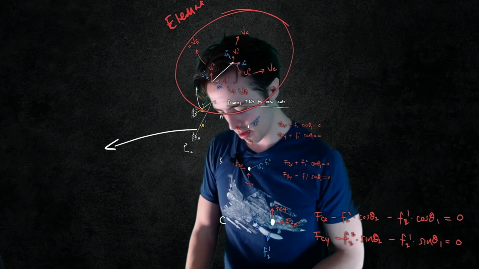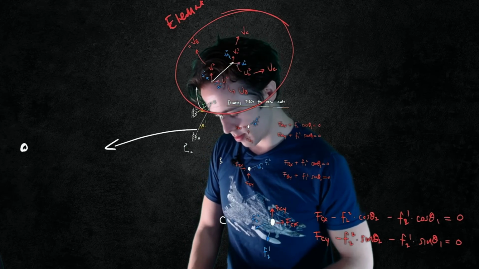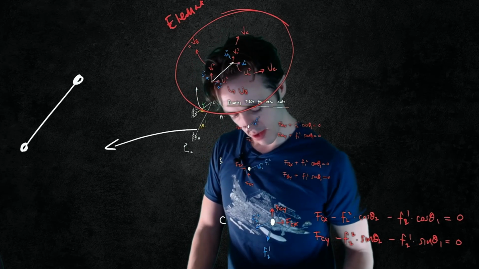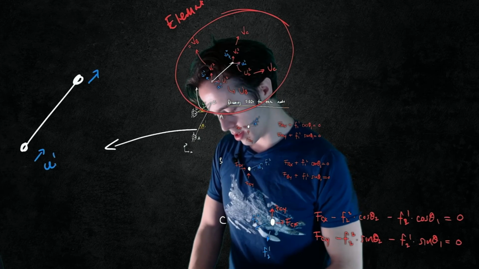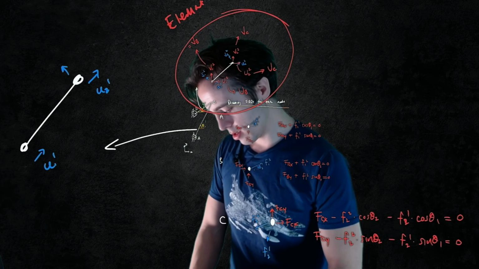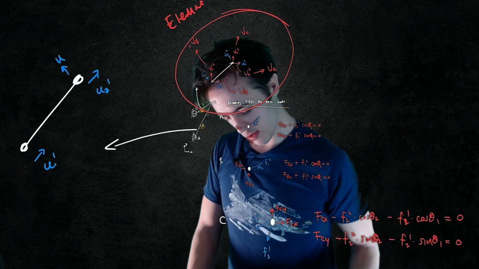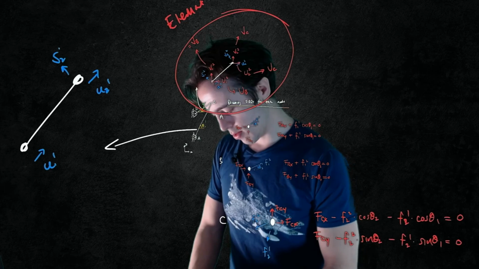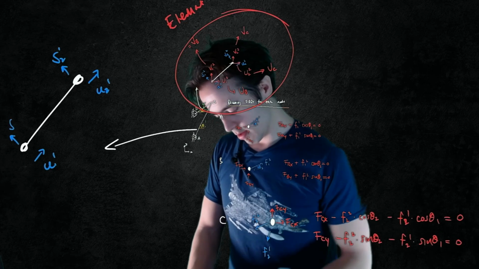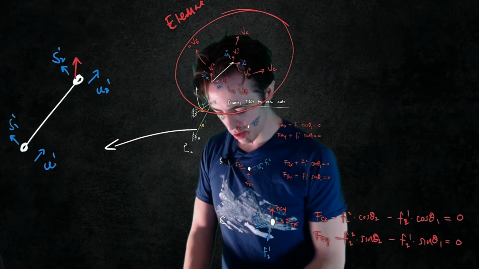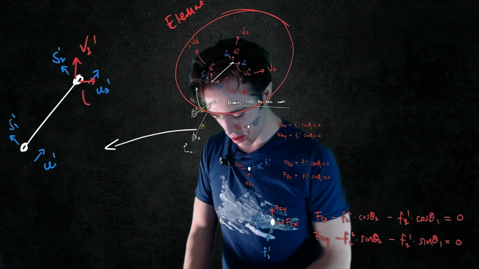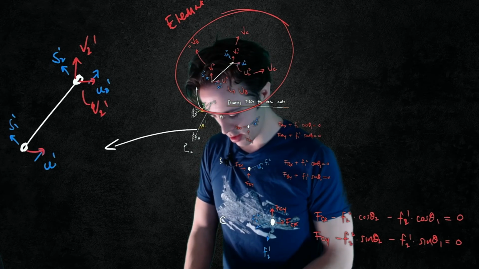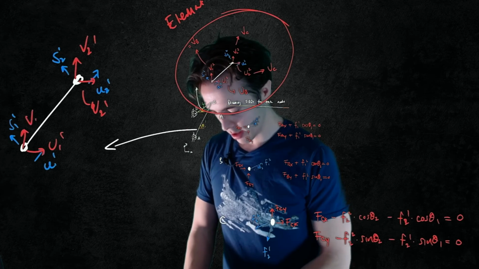Why not? So element 1 is in this sort of orientation. This would be u11, u21, v21, v11, corresponding to v21, u21, u11, and v11.